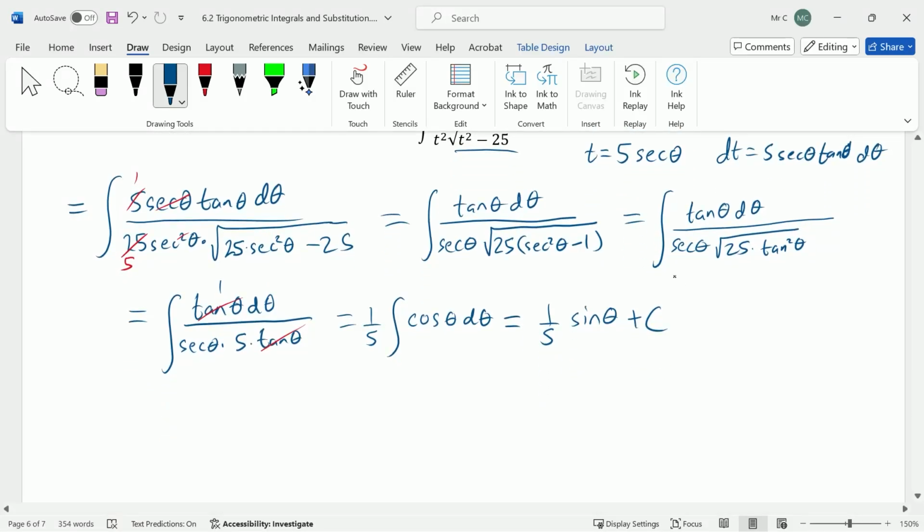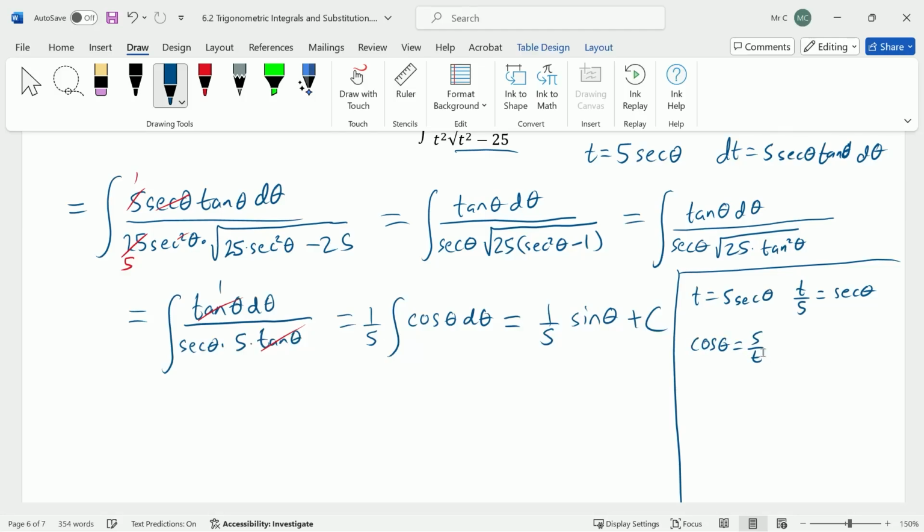So now all we got to do is figure out how to substitute back to our original variable. So we already knew that t was 5 times secant of theta. So that means t over 5 will be secant of theta. And since I tend to think about my triangles in terms of sine and cosine, I'll rewrite this as cosine of theta is 5 over t, because remember, cosine is just the reciprocal for secant.